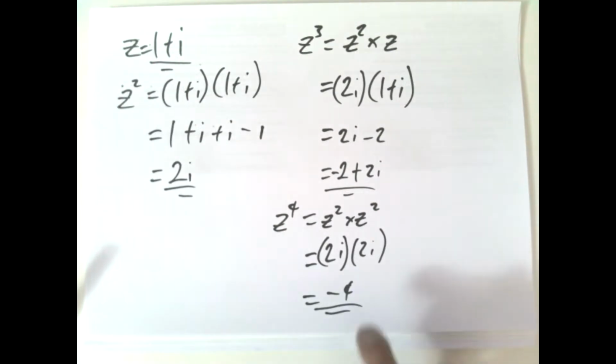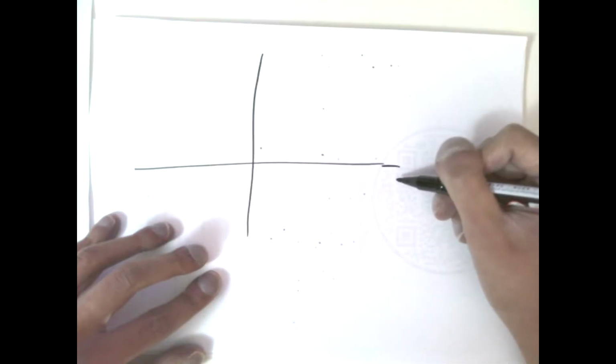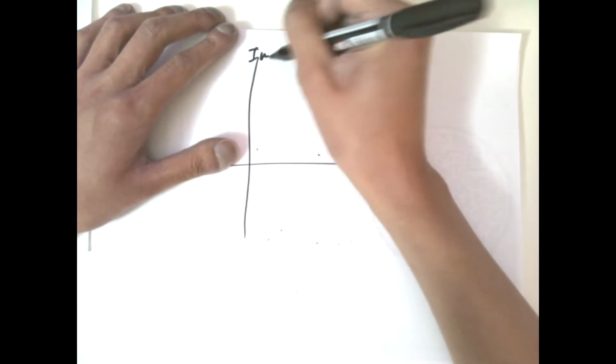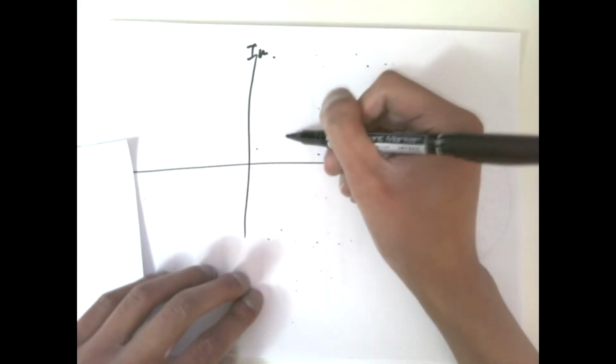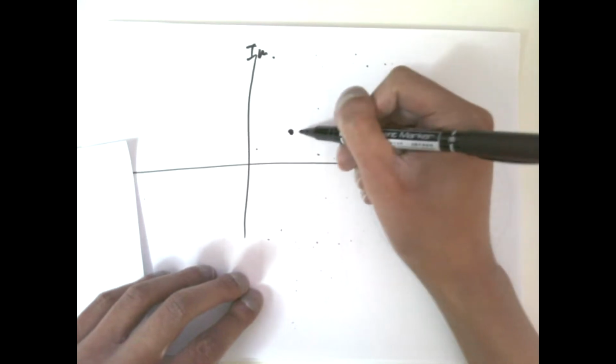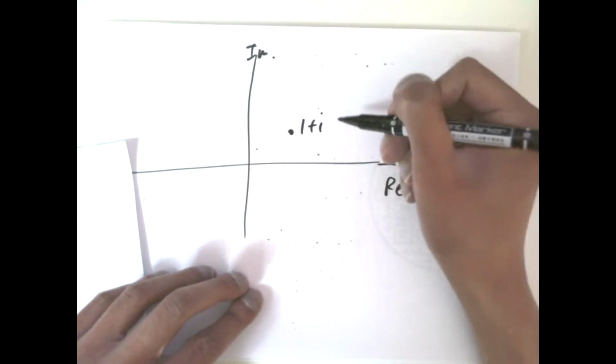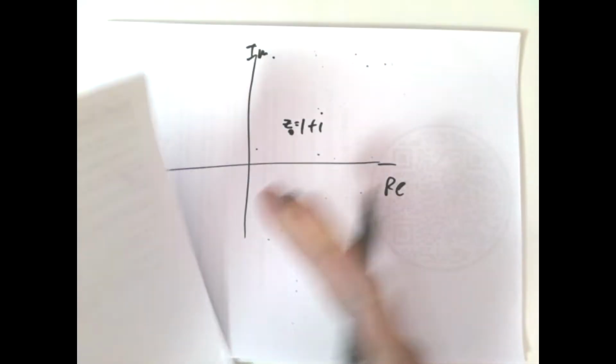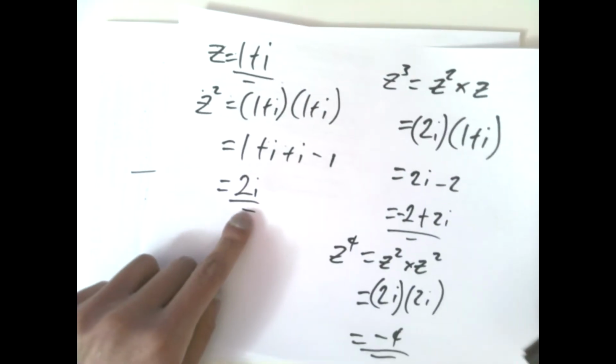Now, let's plot all these 4 points on the Argand diagram. Once again, the horizontal part is our real axis, and the vertical part is the imaginary axis. So, where is 1 plus i? Somewhere here. In this case, z equals 1 plus i. Where is 2i?